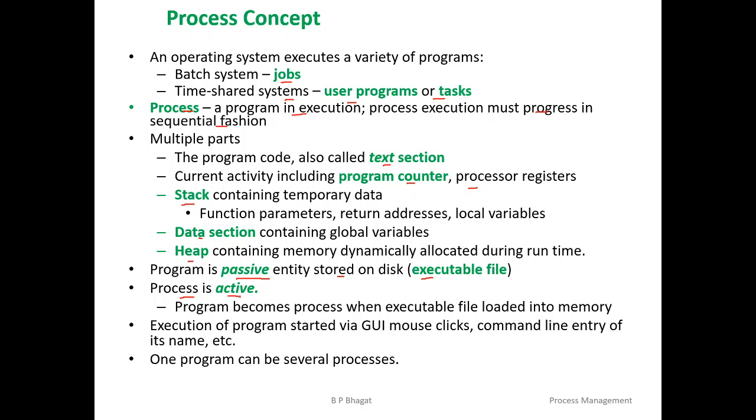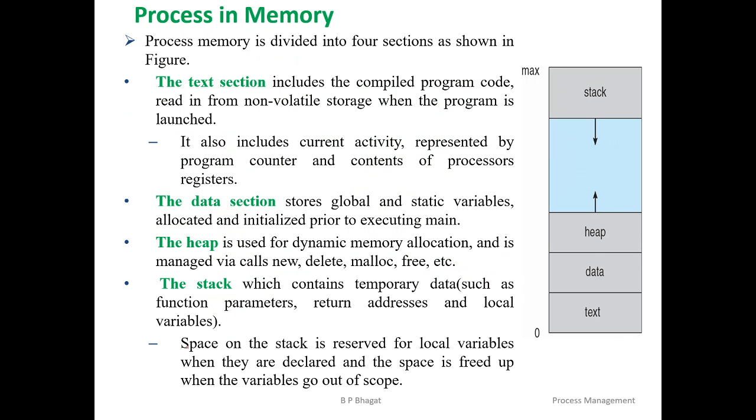Program execution is started in a GUI system by using mouse clicks, or in the command line by simply entering the name of the file and executing it on the command prompt. One program can have several processes which get executed one after another.